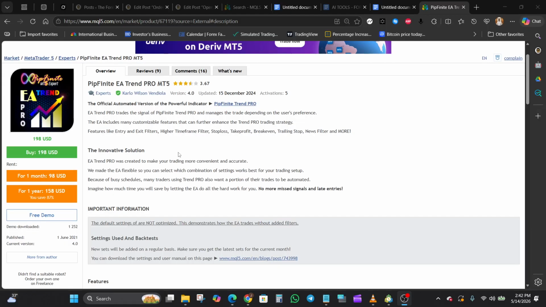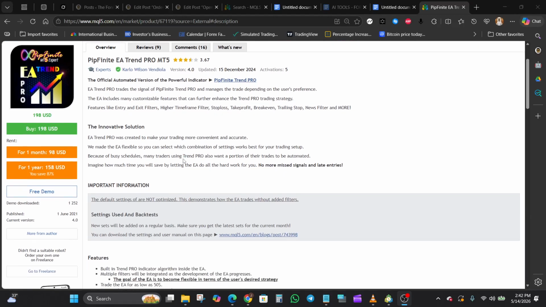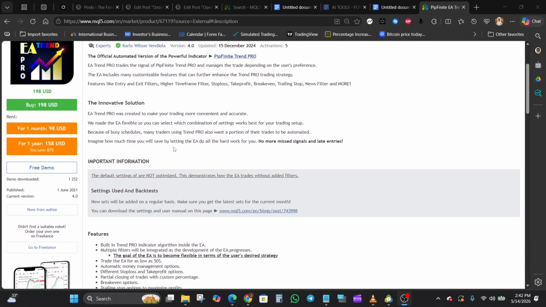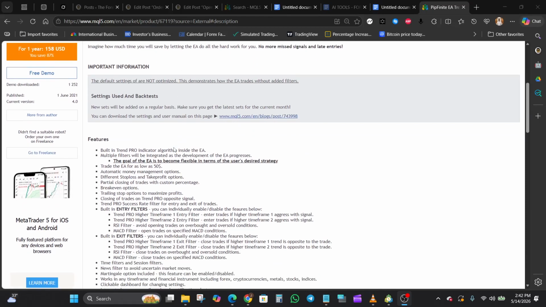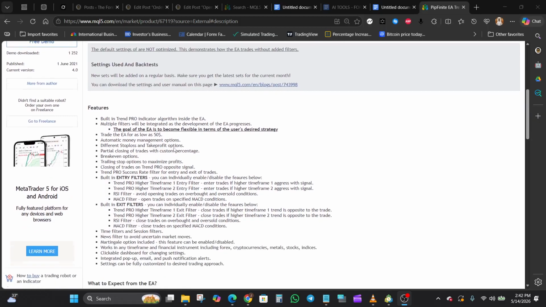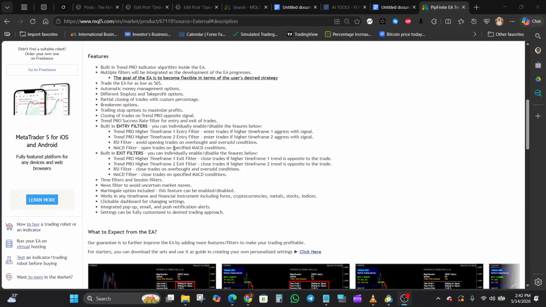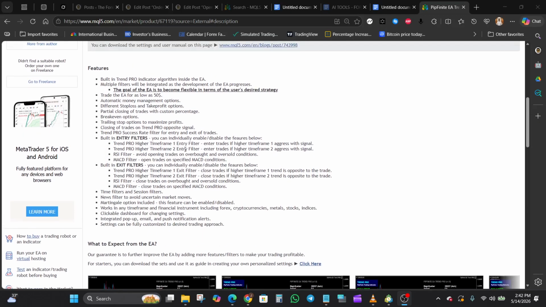The EA includes several built-in filters for both entries and exits, including higher time frame confirmation filters, RSI filters, MACD filters, time filters, session filters, and even a news filter to help avoid uncertain market conditions.